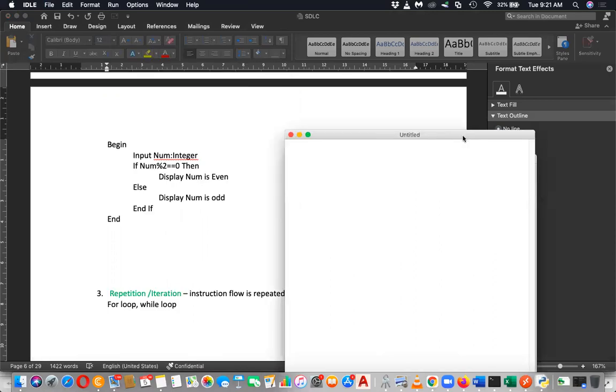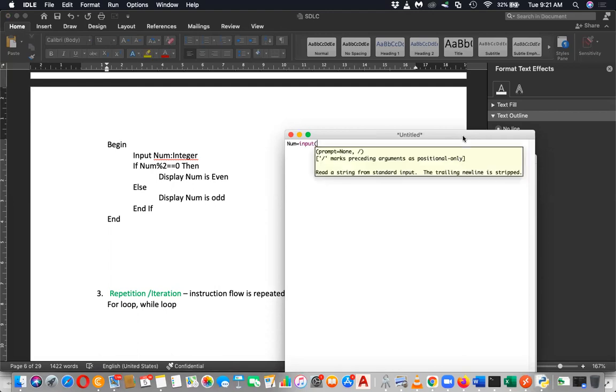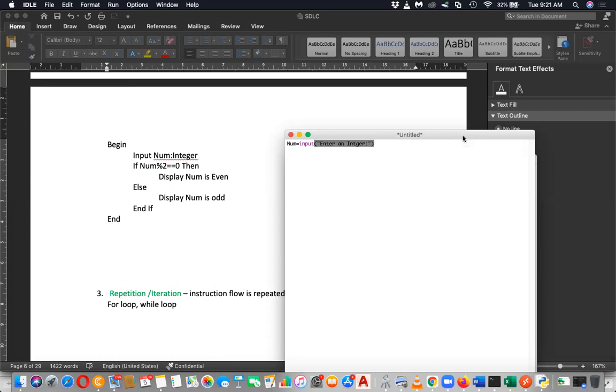After taking the new file, input num. So you have to say num equals input, enter an integer, close the brackets, and this should be converted to integer. That is done by using int.